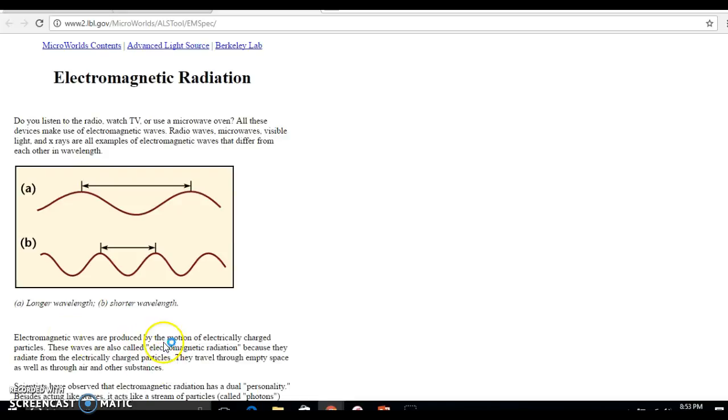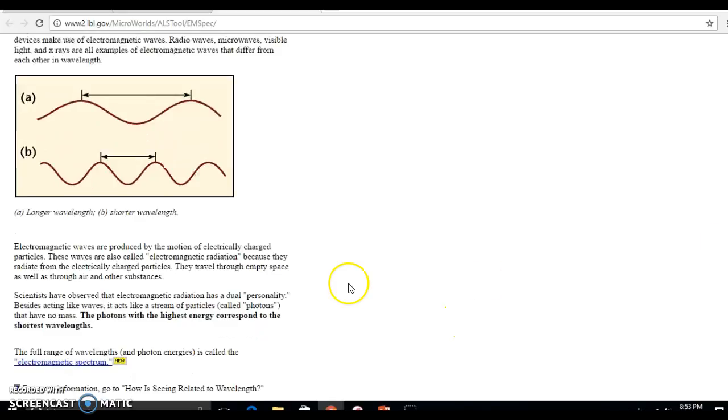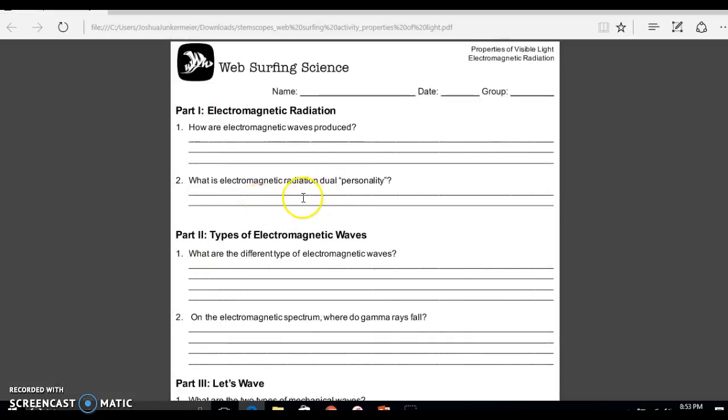So here we can see that it provides us some information on that. The second question was this idea of dual personality. Just by scanning through this, I can already find the areas where we could use this information to write answers for the worksheet: dual personality, and the ways that electromagnetic waves are produced.